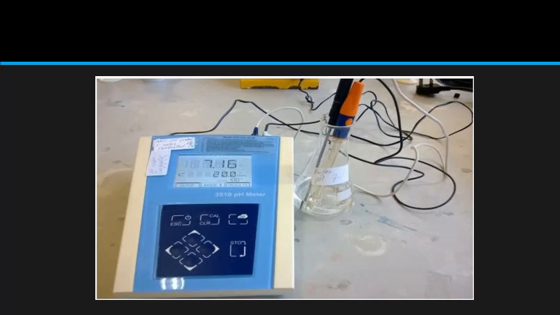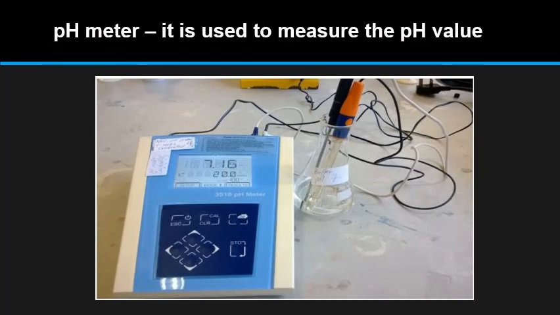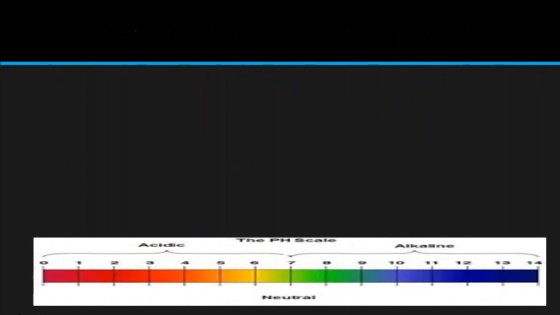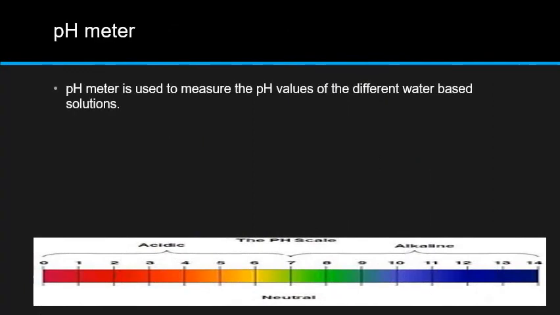We call this a pH meter. So what is the purpose of the pH meter? It is used to measure the pH values of different water-based solutions. That solution you have to prepare by dissolving in water.